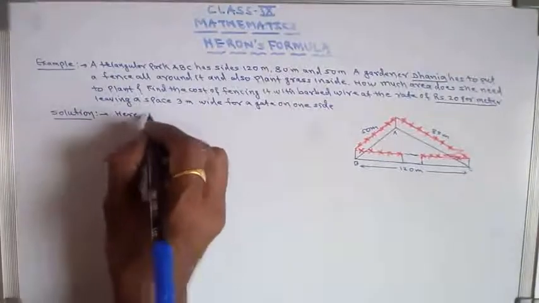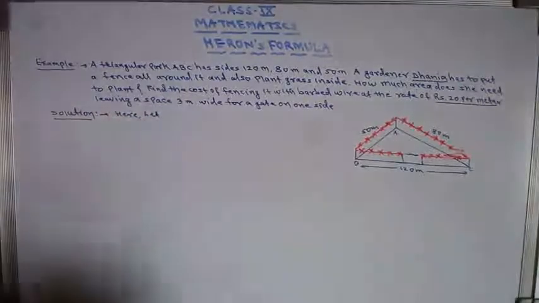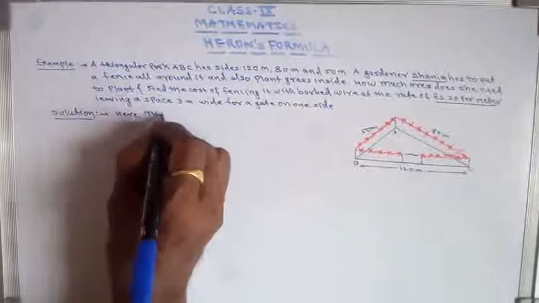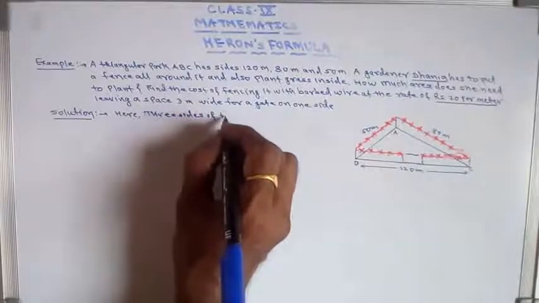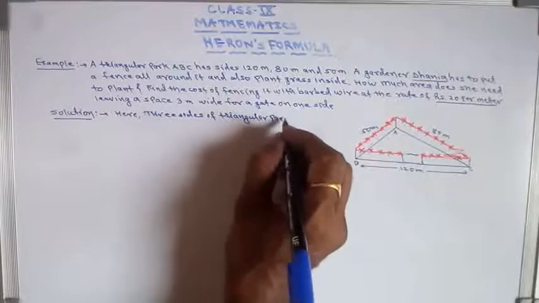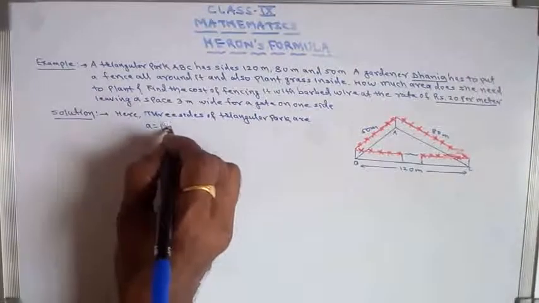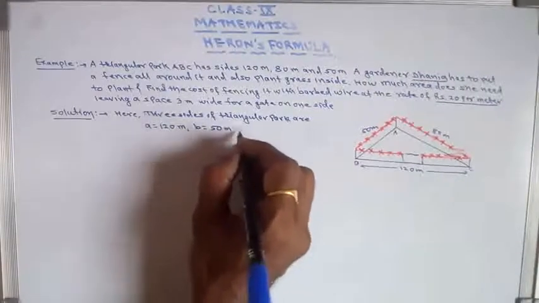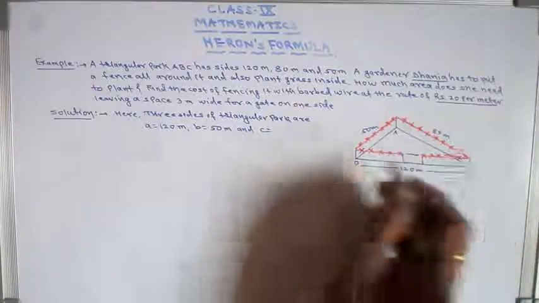Okay, so here for finding, it is given also, 3 sides of triangular park are A equals to, I am taking 120 meter, B equals to 50 meter and C equals to, okay, no problem, 80 meter.